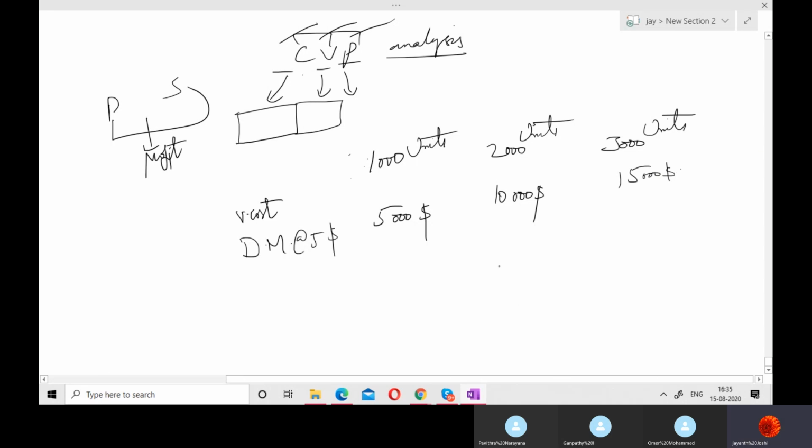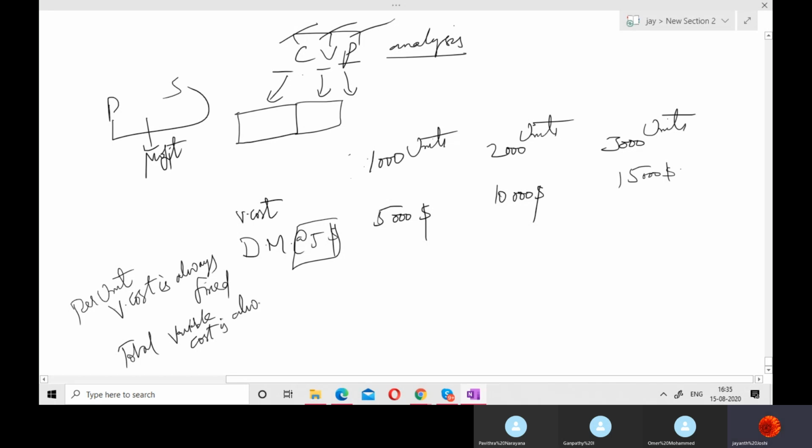So what you're seeing here is that your variable cost per unit is always fixed, but your total variable cost is not. So I can write a point here: per unit variable cost is always fixed, and total variable cost is always variable.